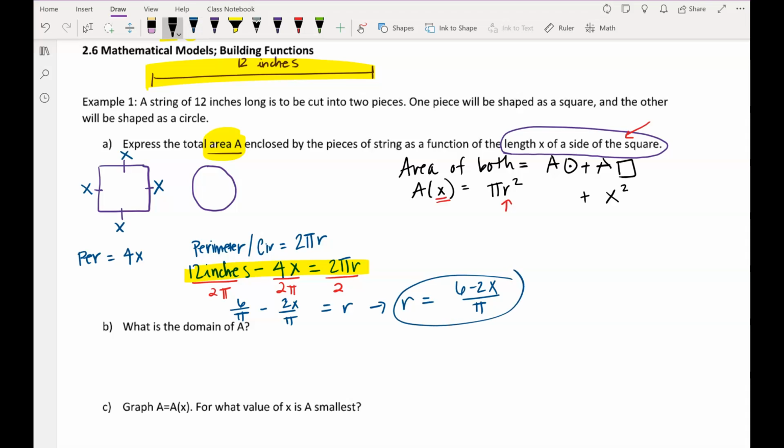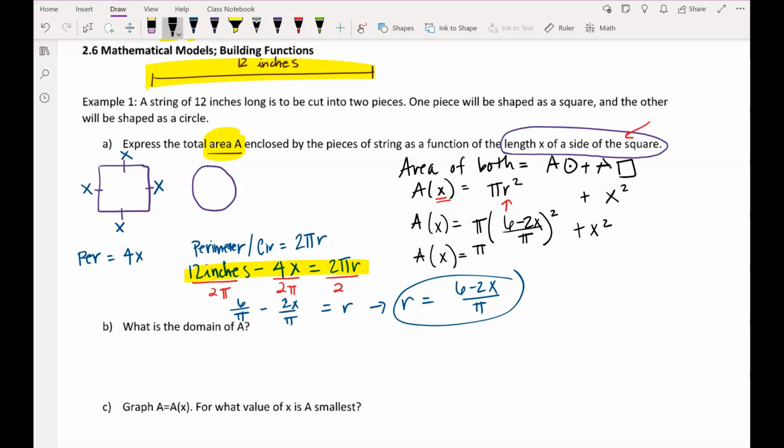So back to your area formula. We are going to put in (6 minus 2x) over pi, and it's r squared, so it's squared, plus x squared. Now I'm going to try to reduce this a little bit, because you have pi on top and bottom.